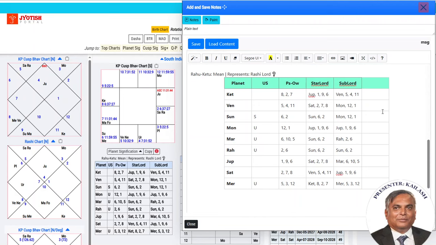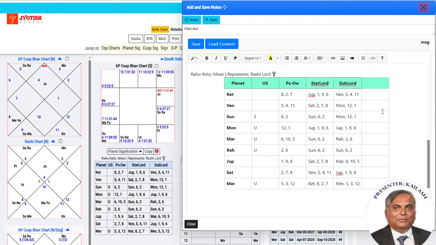Professor Krishnamurti's rule is that if the majority of the planets, this is very important, are indicating bad houses, 6, 8, 12, 5, 8, 12, these are bad houses from the material prosperity point of view.